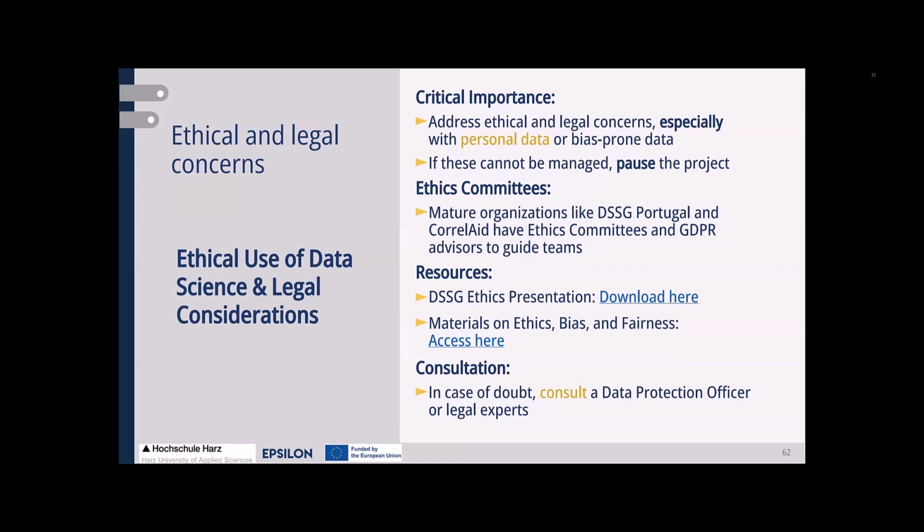If you cannot manage your questions, then you have to stop the project. So if you are unsure whether you are allowed to work with the data or whether you are allowed to draw certain conclusions from a given data set, you have to ask your ethical and legal advisors or the team who is responsible for that in the organization, from both sides, from the beneficiaries and from the social data scientists. And if you are unsure, you have to pause the project.